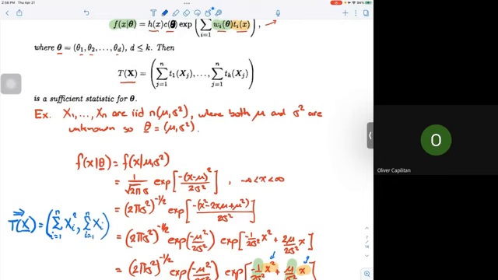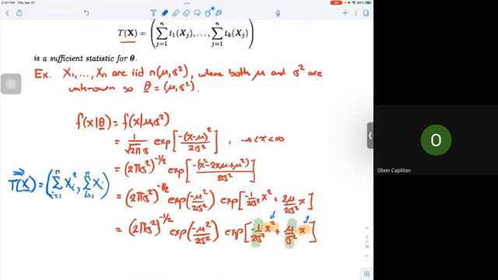The same problem that we have a while ago, yung sample mean at saka yung sample variance, this vector of statistics is a sufficient statistic of our unknown parameters mu and sigma square. But we have also another sufficient statistic for mu and sigma square, and we have this.